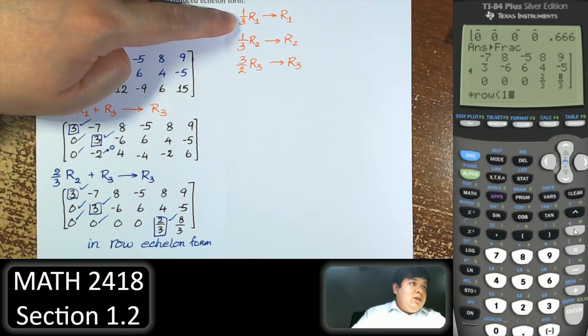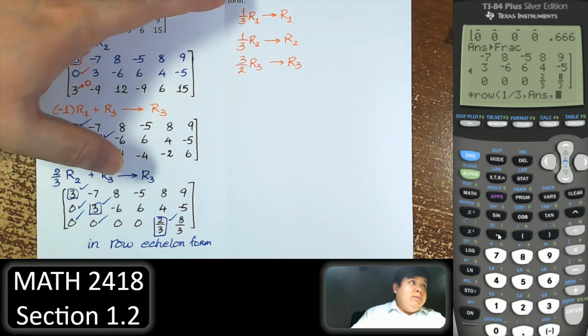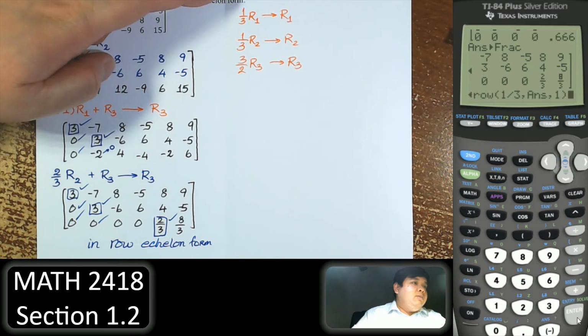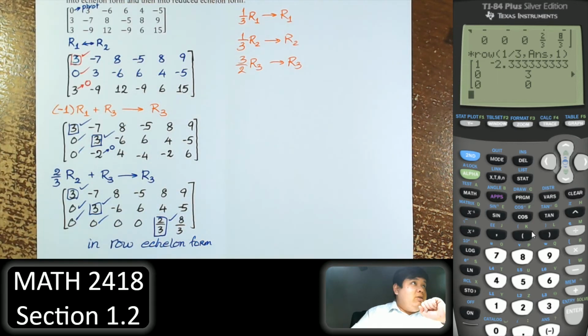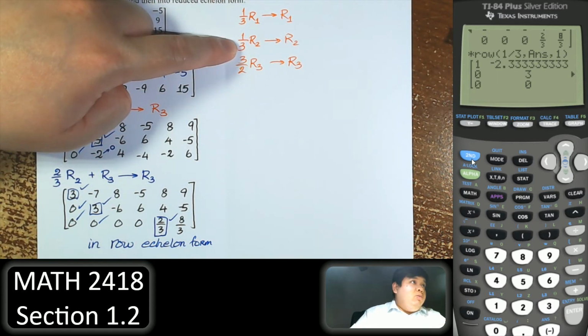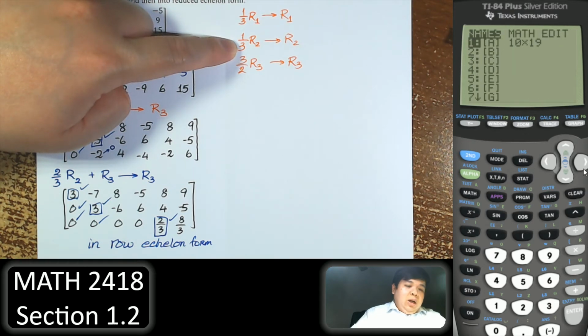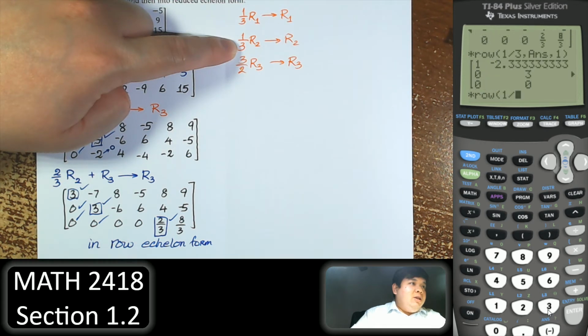Multiply 1/3 to the matrix, row 1. Skip that. Now we do 1/3, apply to the matrix, multiply to row 2.